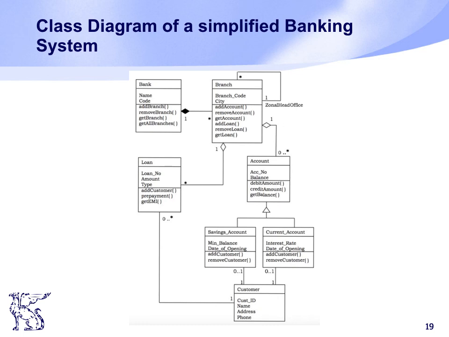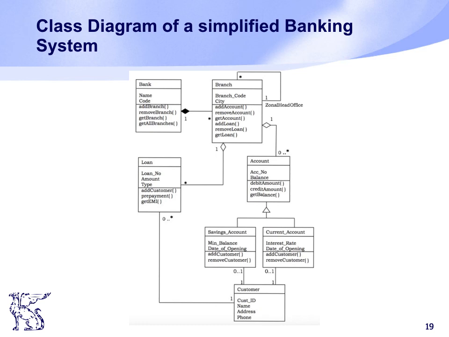They inherit the attributes from the class account. A customer can have one current account, so it's an association, and it's a one-to-one relationship. And a customer can have one saving account, so it's also a one-to-one relationship.